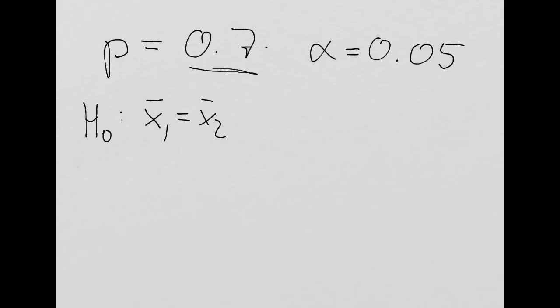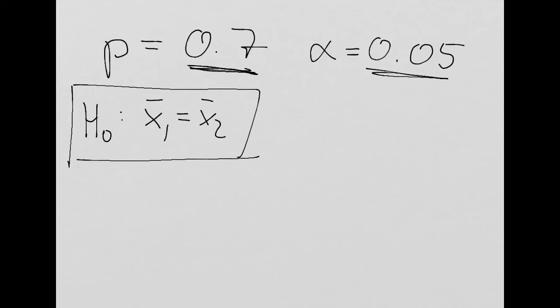Now, P is higher than alpha. So, if P is high, H naught can stay. So I accept the null hypothesis. And I say, yes, I'm fairly certain that the two samples are the same. They are from the same population.